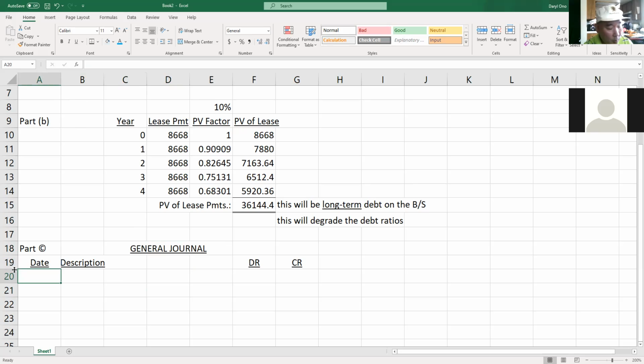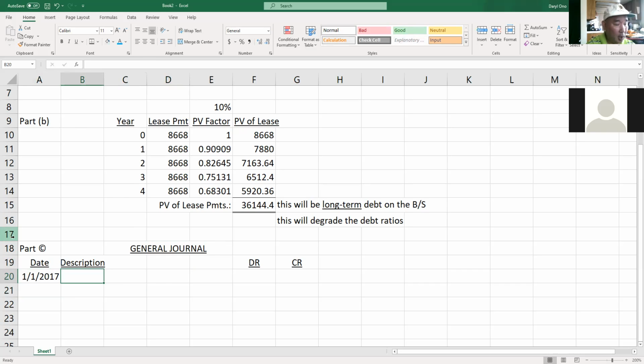Now we have to do all the journal entries, and this is probably going to be just for this 1 year. Okay, so therefore on 1/1, and this is 2017 in this problem, we want to now debit equipment. And here comes the big question, for what?